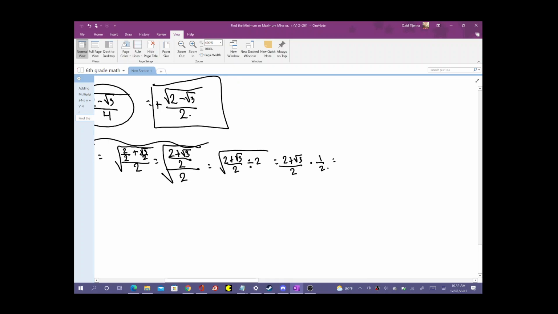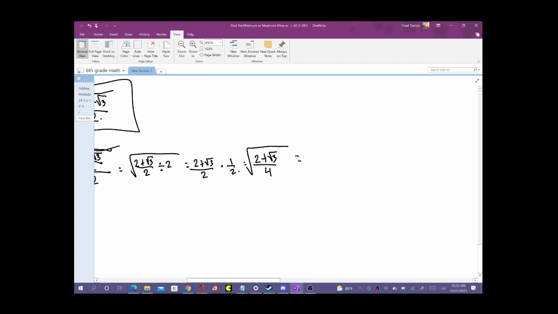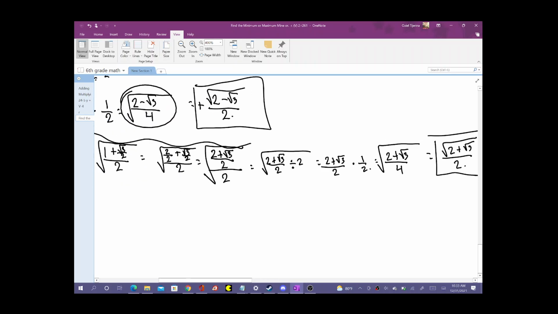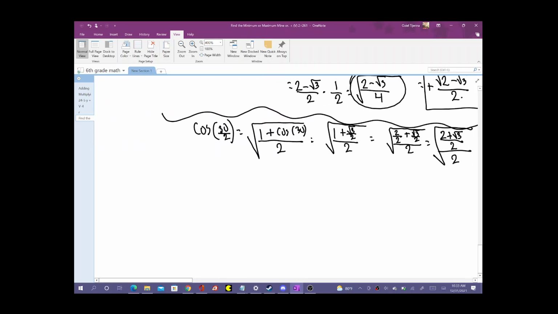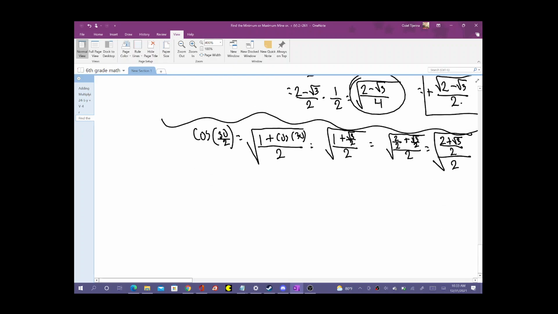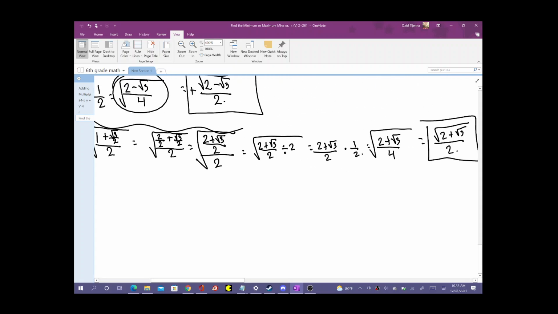This becomes 2 plus square root of 3 over 4, and this is actually square rooted, so then this becomes the square root of 2 plus square root of 3 over 2, because the bottom is square rooted. So this is what cosine of theta over 2 would be, cosine of 15.